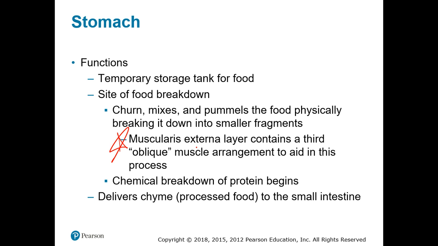Instead of being circular and longitudinal, it also has an oblique muscle layer which runs diagonal. And then what happens is once it breaks down all this food, this processed food known as chyme, it delivers it to the small intestine for it to be absorbed.